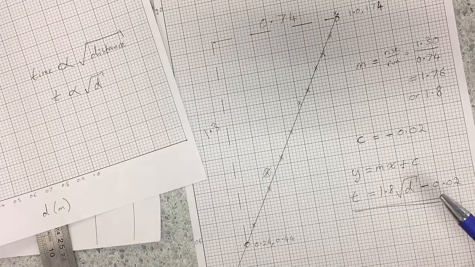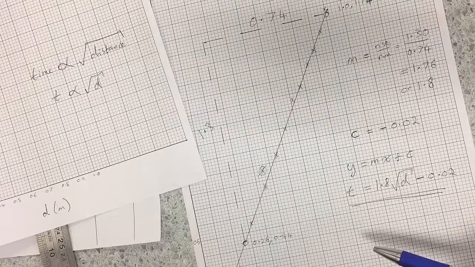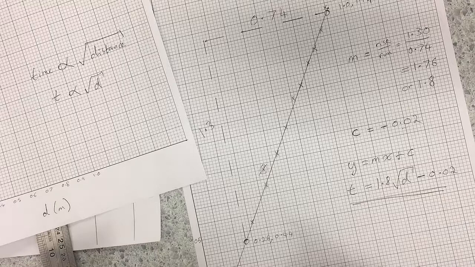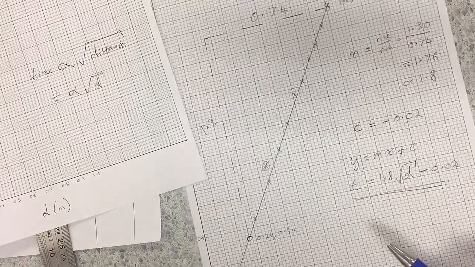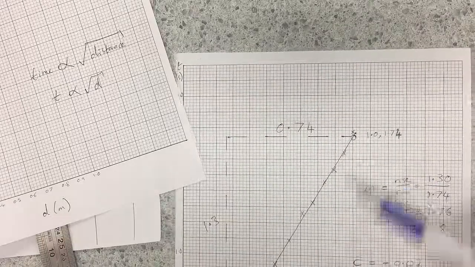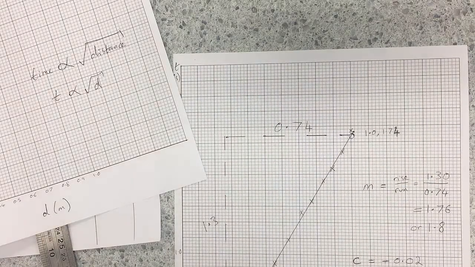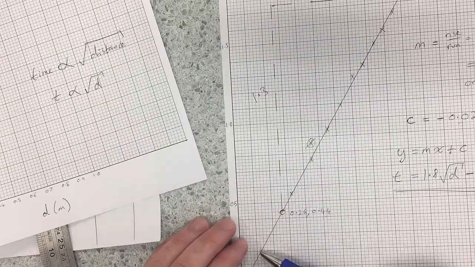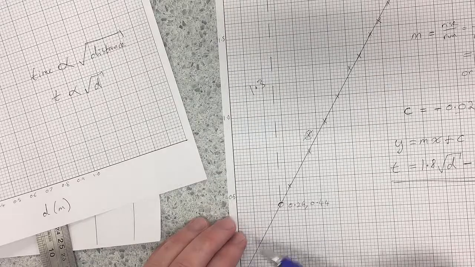There's a whole range of things that we could talk about in terms of experimental technique, how we can ensure we get the most accurate or precise results possible, and what this experiment means. One good thing to do is to consider what using that formula to work out the time taken for perhaps a much larger value of d or a much smaller value of d, and then actually going and testing it.